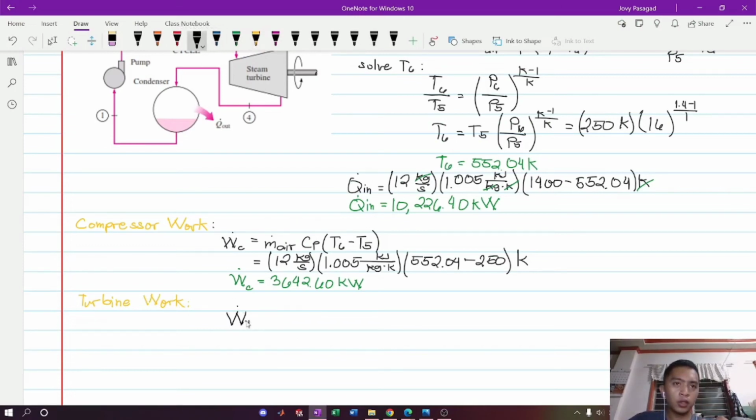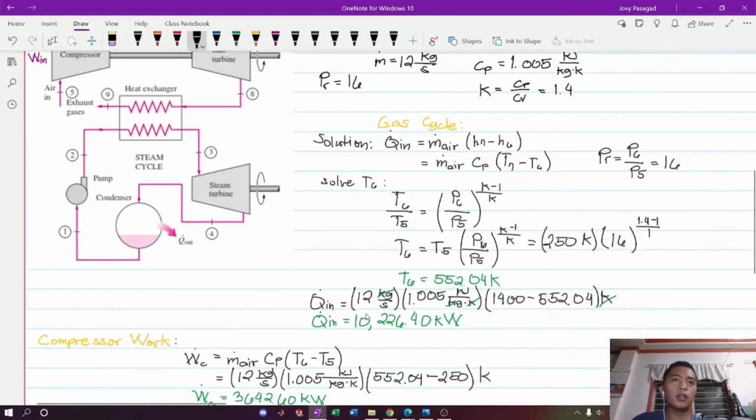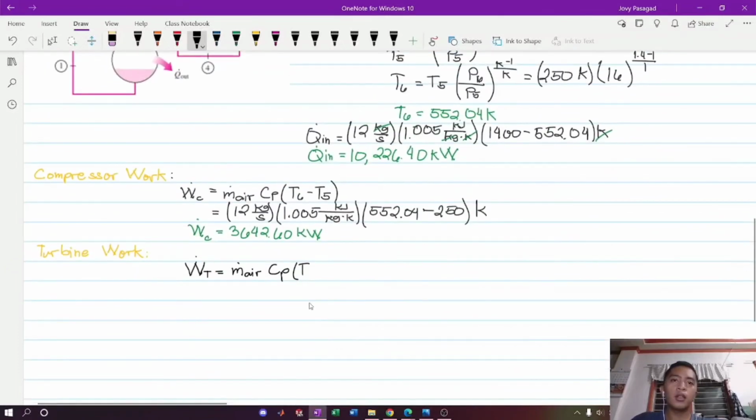Work dot of the turbine is equal to m dot of air, the mass flow rate of air, times Cp times T7 minus T8.